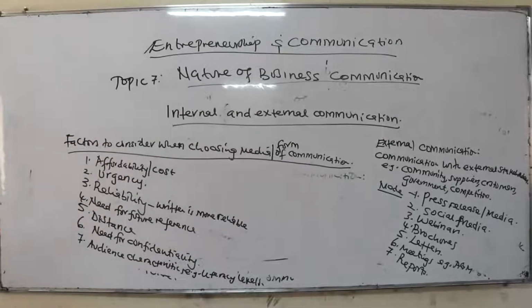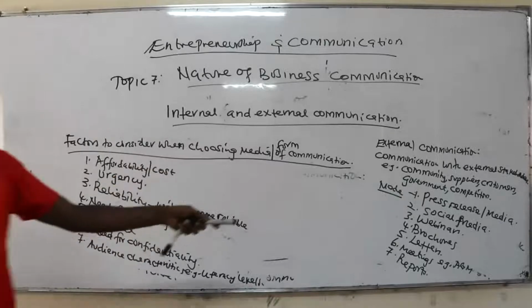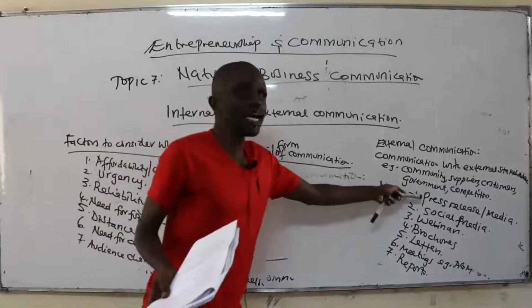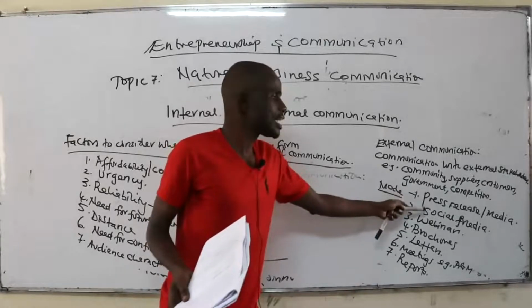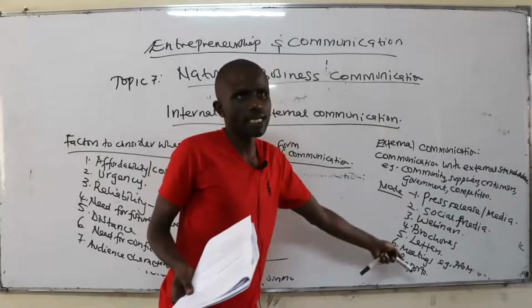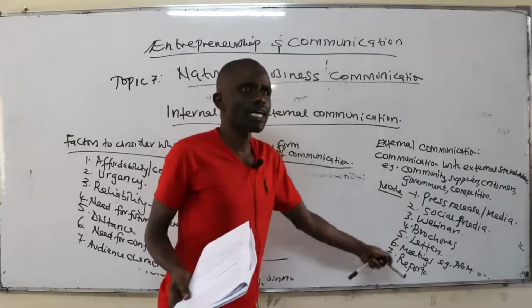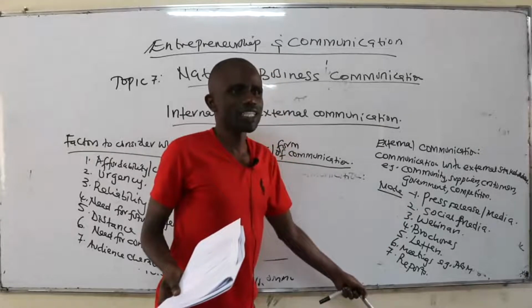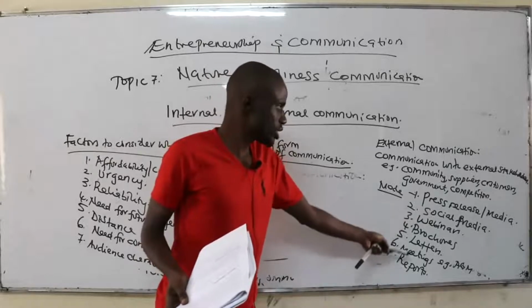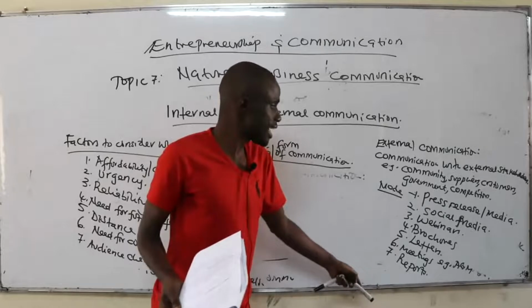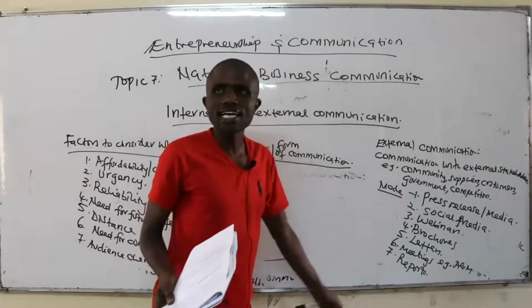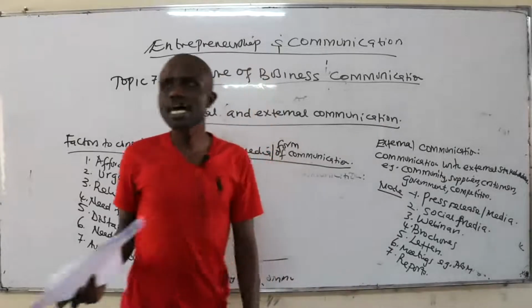We say the media of communication or the form of communication, and most of them will fall under either written or oral. Is that clear? Because press release is written, social media is written, webinars they are electronic. Even social media is electronic. Brochures are written, letters are written, meetings are oral, then reports are written.